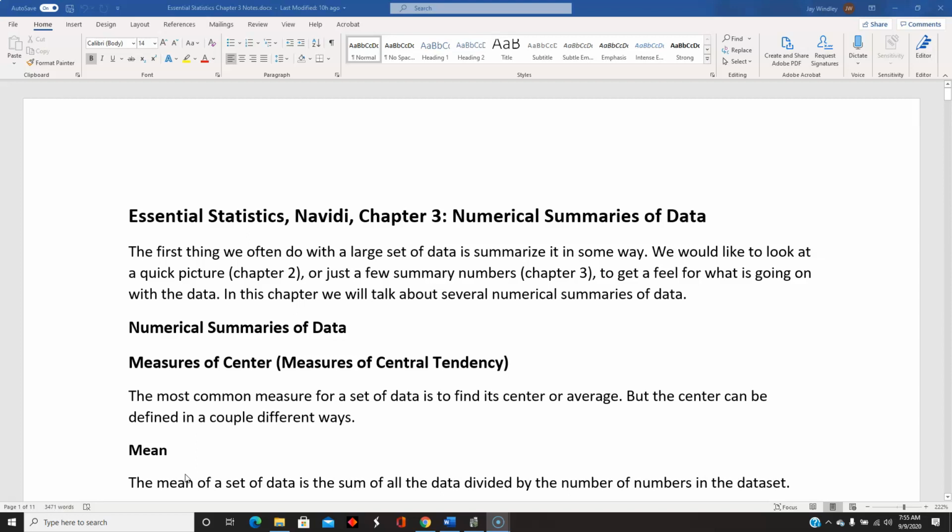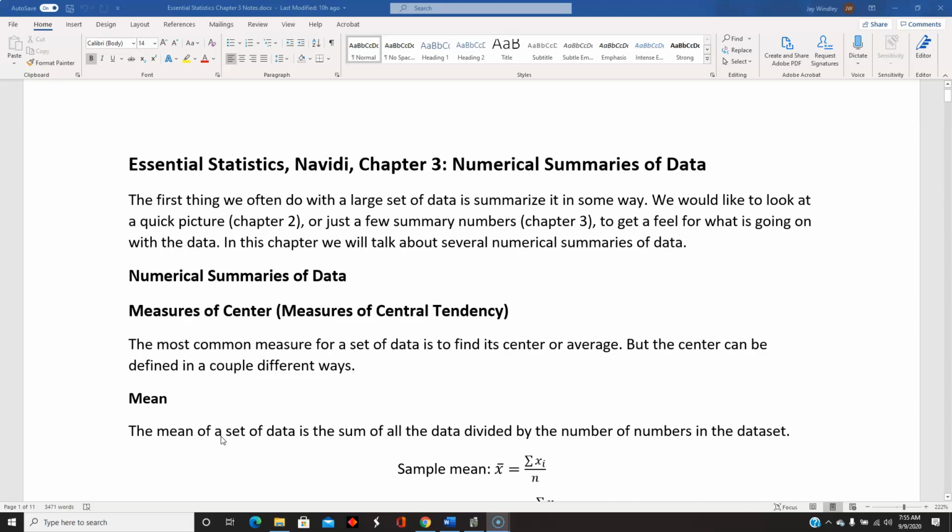The most common numerical summary of data is to find the data's center or average, but that can be done in a couple ways. The mean of a data set is the sum of all the data divided by the number of numbers in the data set.